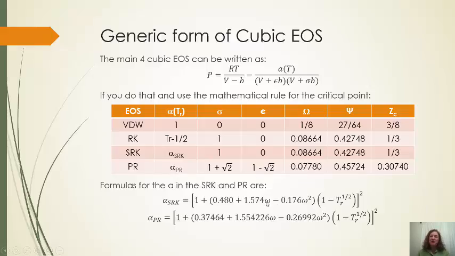And we end up with these expressions here. And the alpha, the numerator of this attractive term, is going to be the one where I use the asymmetric factor. It also does have the TR in it. Remember, that's the actual temperature divided by the critical temperature. And above all else, make sure that you are using absolute temperature in all of these. This is just like using the ideal gas law.